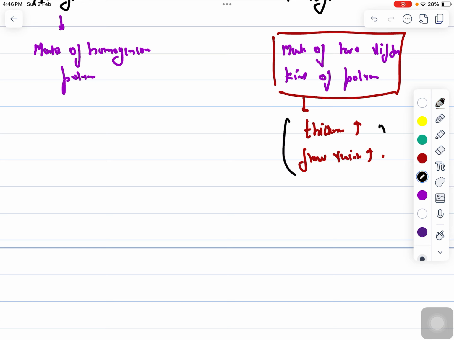So in order to avoid these things, we don't want these things. That's why homogeneous membrane is preferably used.